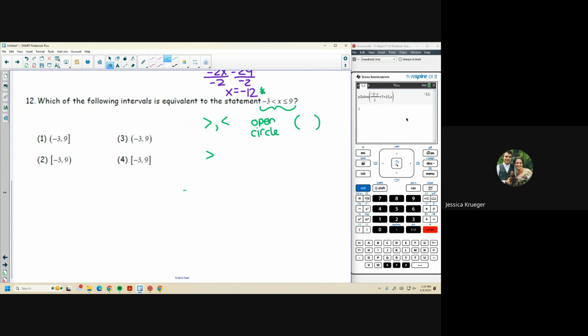If you have a greater than or equal to or a less than or equal to, you use a closed circle and you use a square bracket. So I know my interval is going to start at -3 with a parenthesis. So that gets me down to number 1 and 3, and it ends at 9 with a bracket. That's choice 1.